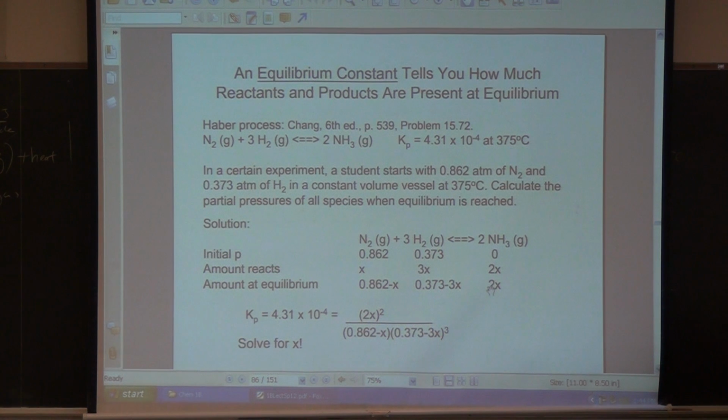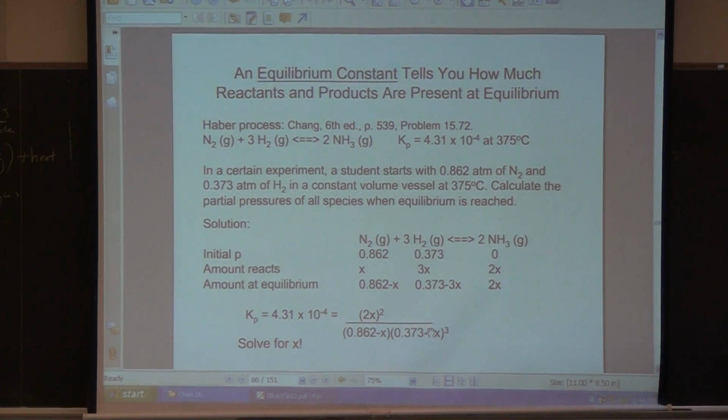That's the NH3, and we square it because of the coefficient of 2, divided by 0.862 minus x times 0.373 minus 3x cubed. And then this is the math part. This is the fun part. Solve for x. Note that this is not fun if you have to do this by hand.